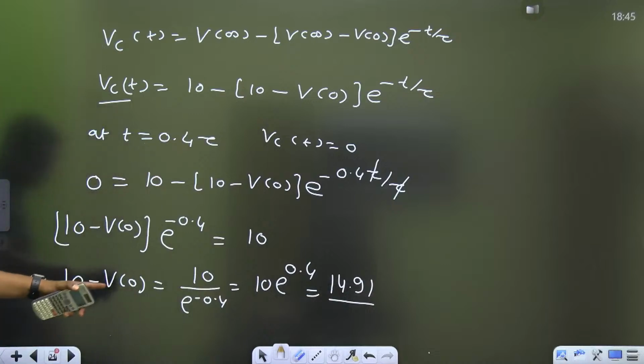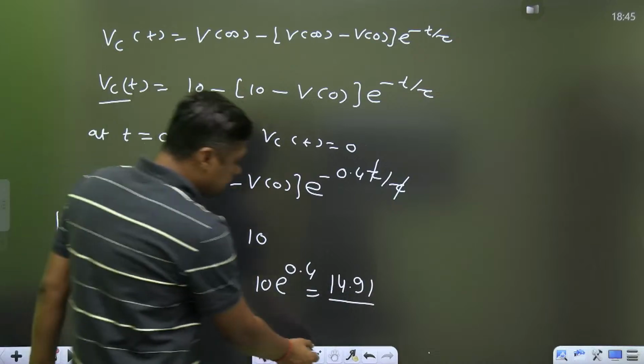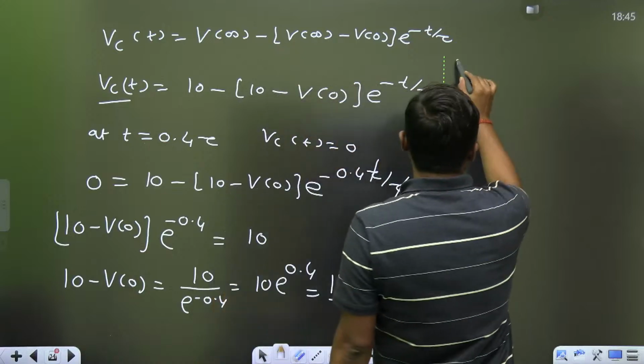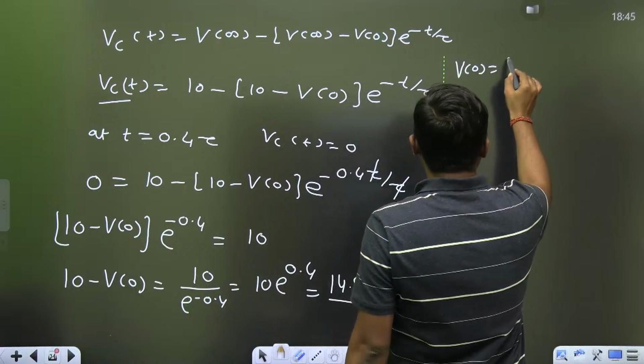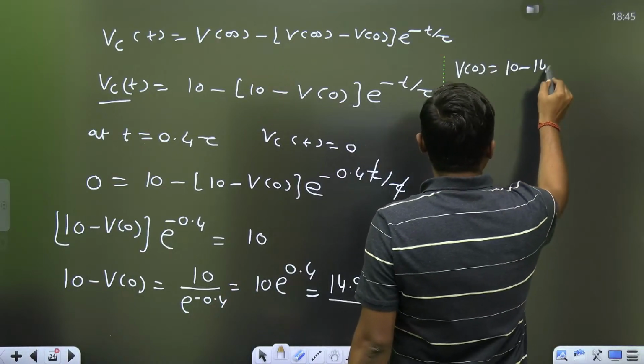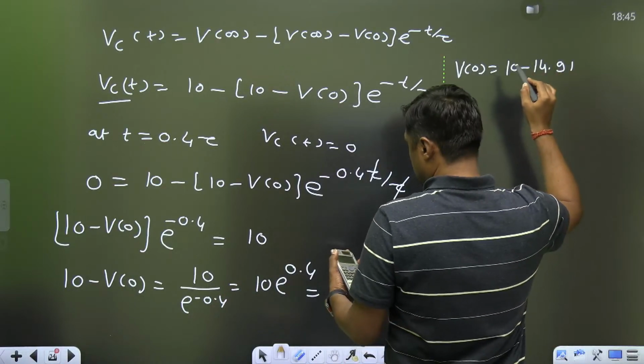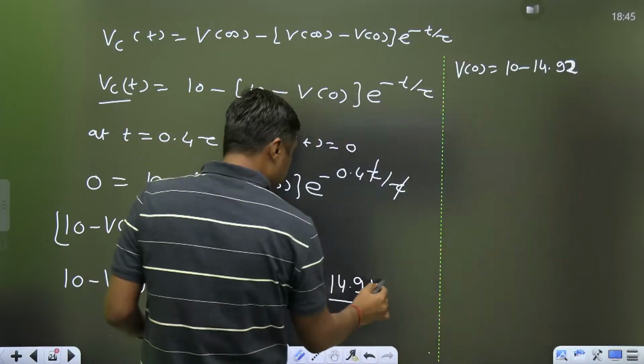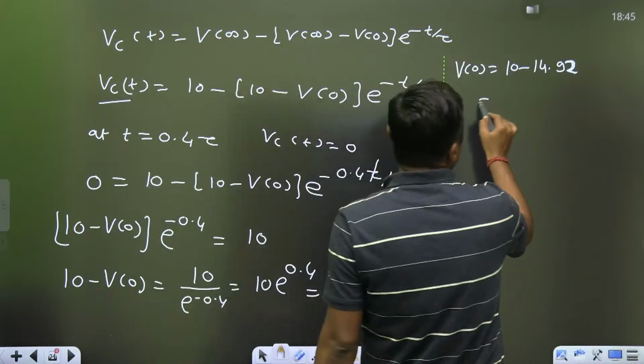Now, what is V0? V0 will become 10 minus 14.91, which is around minus 4.918. Guys, it is a negative value.